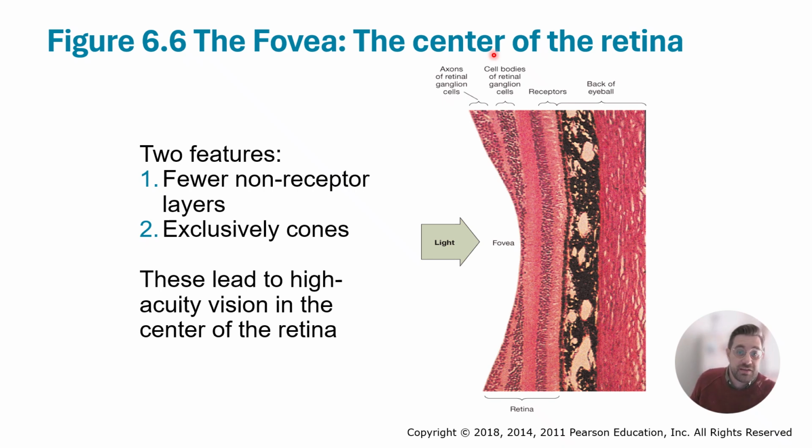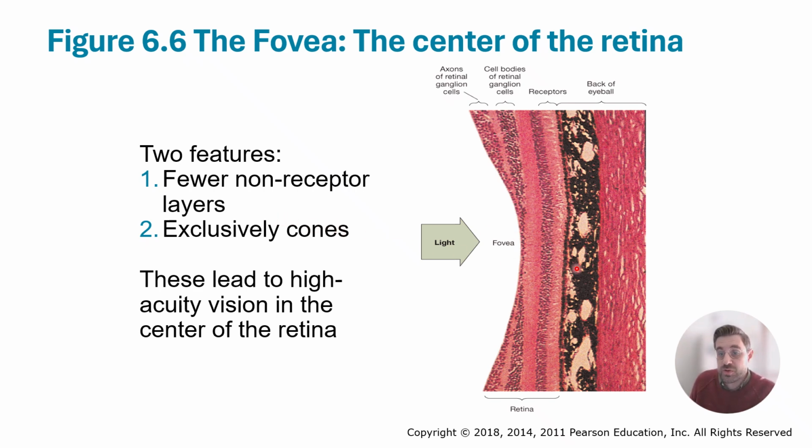Well, what's going on in that fovea? Well, there's a couple of features. First, you can see here in the fovea that there's fewer of these non-receptor layers. So you've got the receptors here, and then there's fewer or smaller layers of the other areas. So we're concentrating on receptors, rods and cones. But in fact, not rods. All of the receptors here in the fovea, or basically all, are cones and not rods. Okay, so the fovea is different.